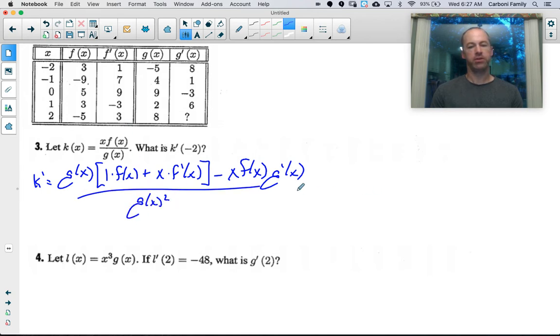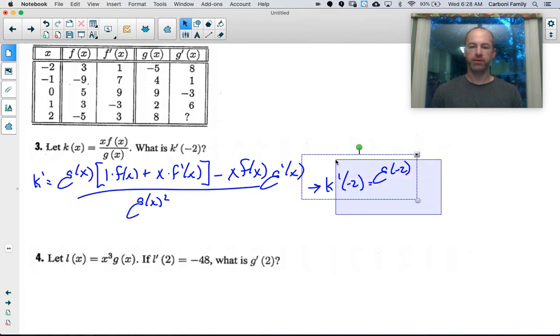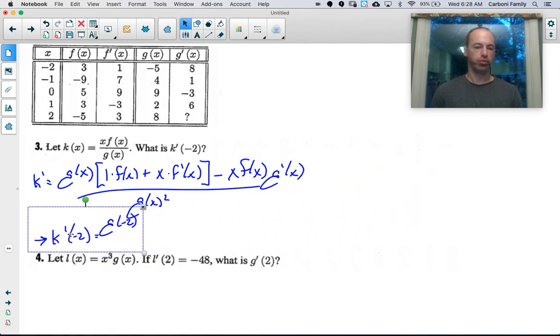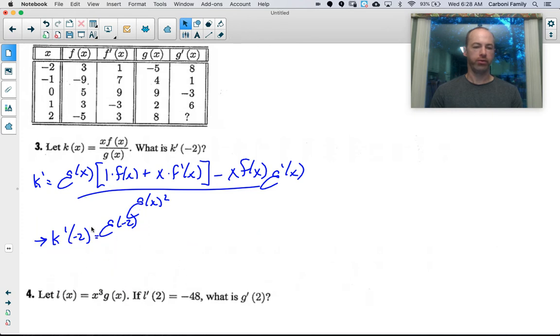And now we have to plug in negative 2. So we'll take that and that leads to k prime of negative 2 is going to be g of negative 2 times, I'm not going to have room right here. Let's move this down. And this will probably have to go on the next page.